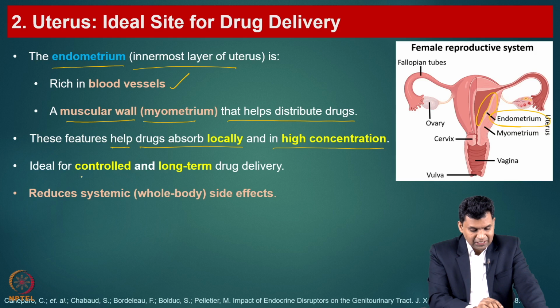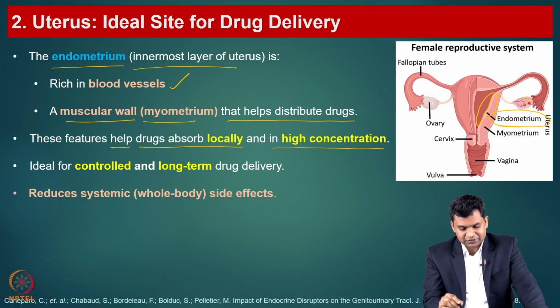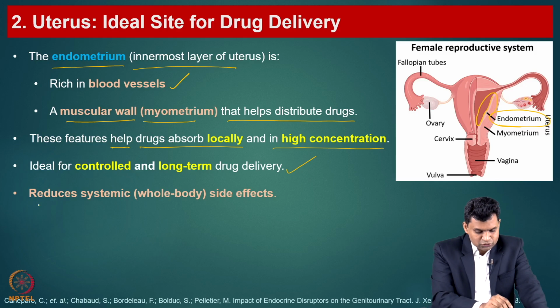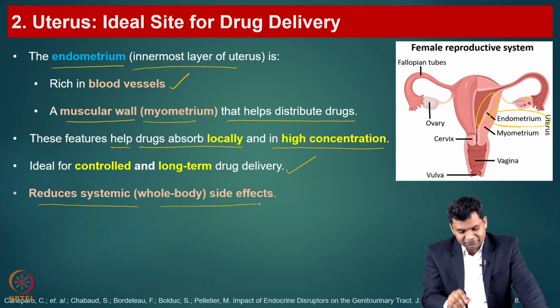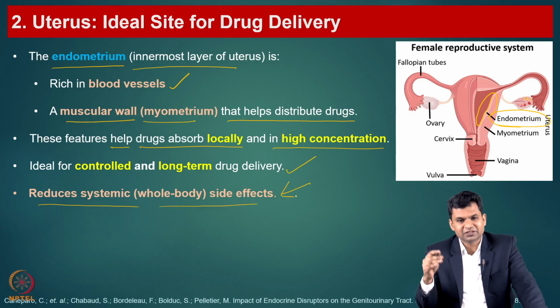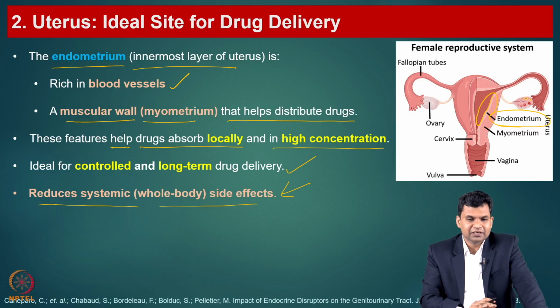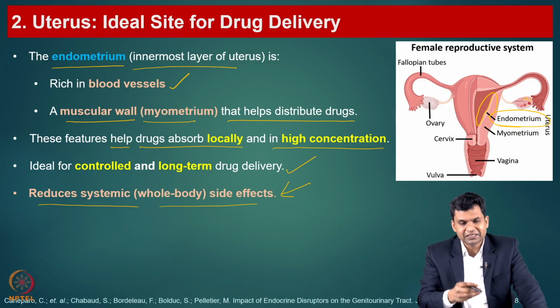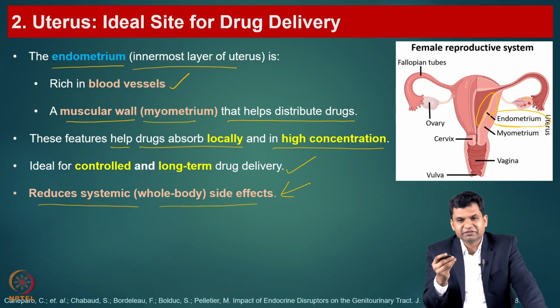So, ideal control and long term drug delivery can also be expected by using the uterus with intrauterine drug delivery carriers, which will also reduce the systemic side effects that may come from the other routes. That will help patient compliance, right. When you want to go for long term, daily application is very critical.